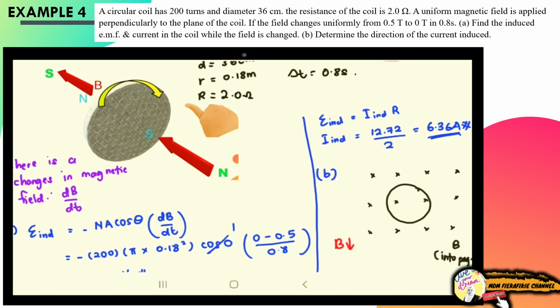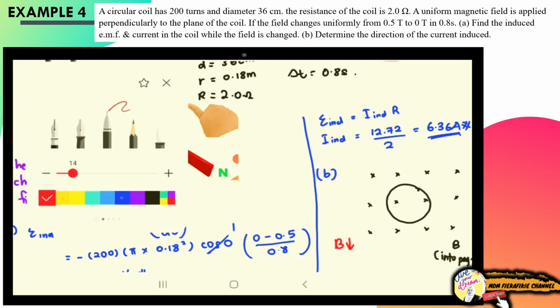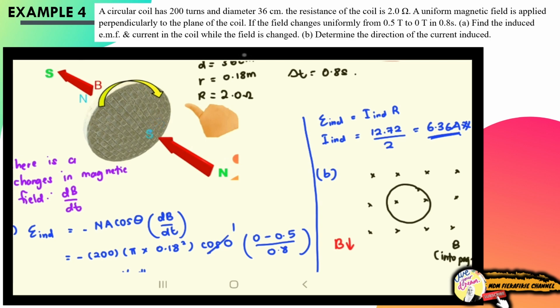So based on Lenz's law, B induced would produce in the opposite direction. So kalau sini north, sini south, kat sini dia akan jadi apa? Sini dia akan jadi south. Betul? Okay, so sini dia akan jadi south supaya dia boleh attract more magnetic field, in order to maintain its initial condition.